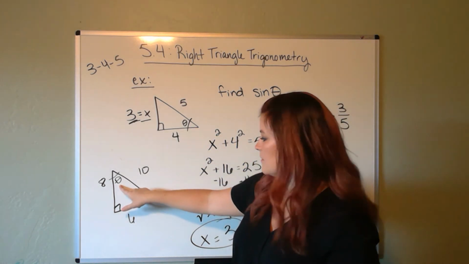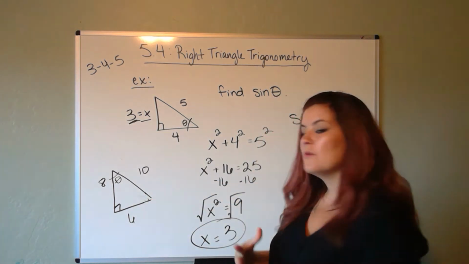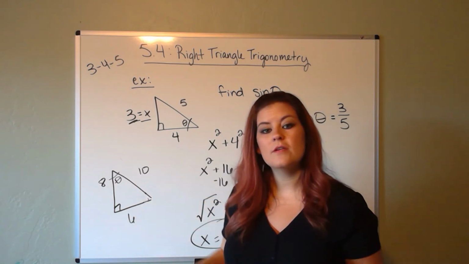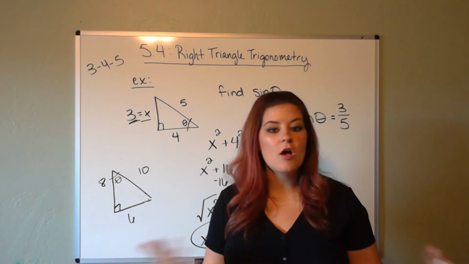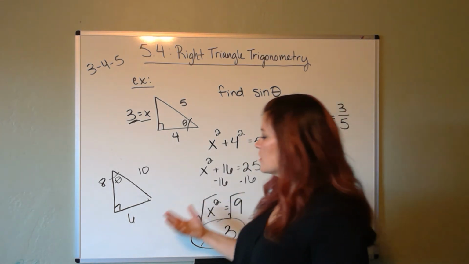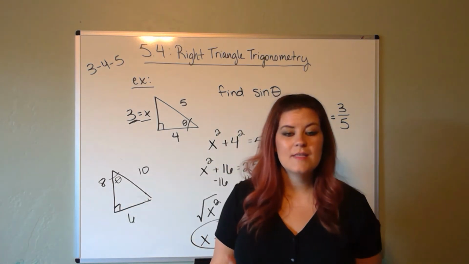What's the sine of this angle theta? 6/10 or 3/5. You guys, when you have similar triangles, the angles present in those triangles are going to be exactly the same, which means their sines, cosines, tangents, all of them are going to end up being exactly the same. Sure, the side lengths are larger, but in the end, they will reduce to that same value.